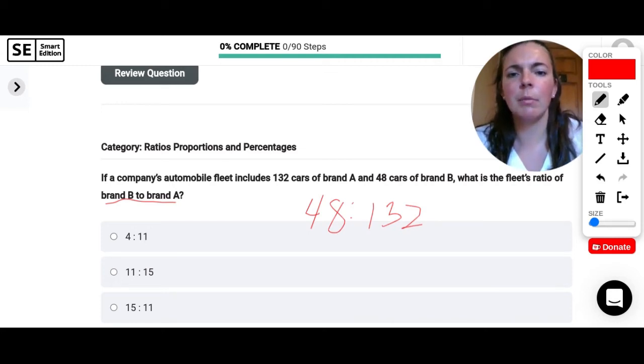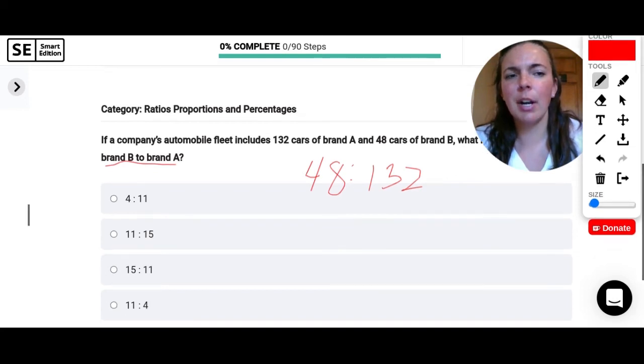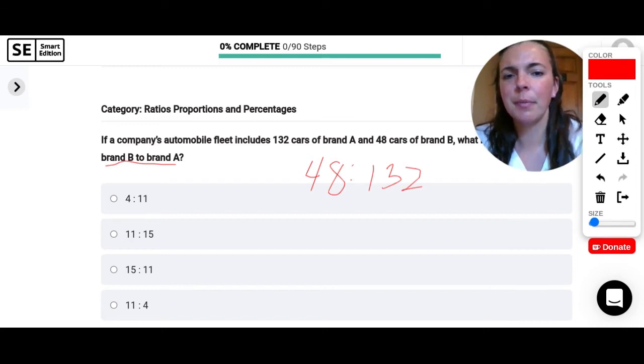What is the fleet's ratio of B to A? So 48 to 132. Now we just have to try to simplify this. I'm trying to think of what might go into both of these. Looking at my options, 48 is going to have to simplify to 4, 11, or 15.